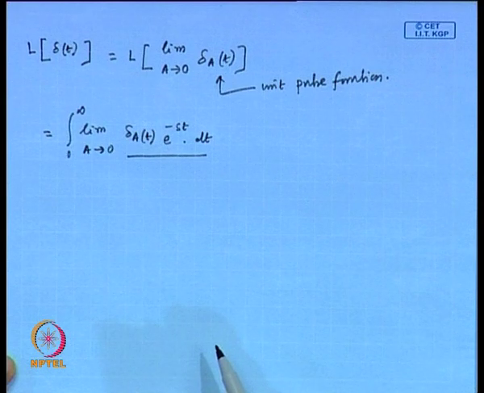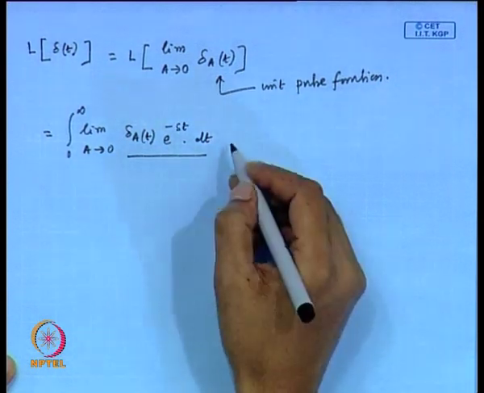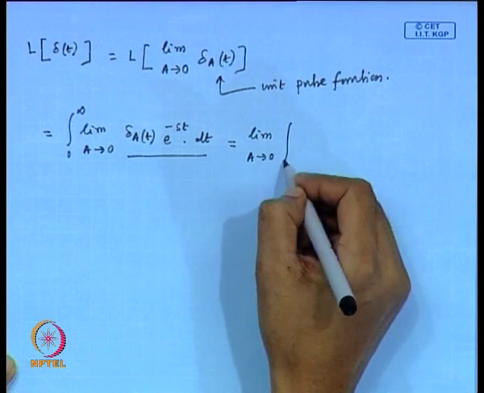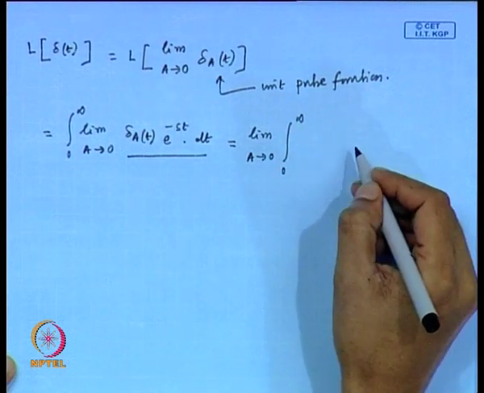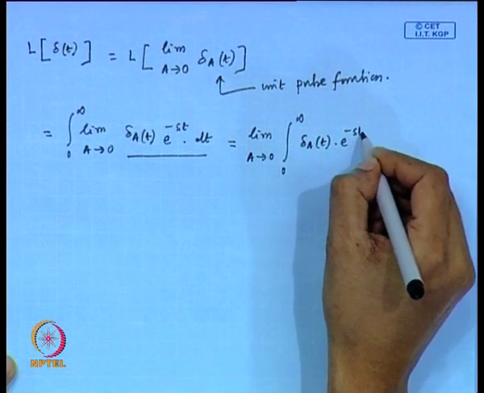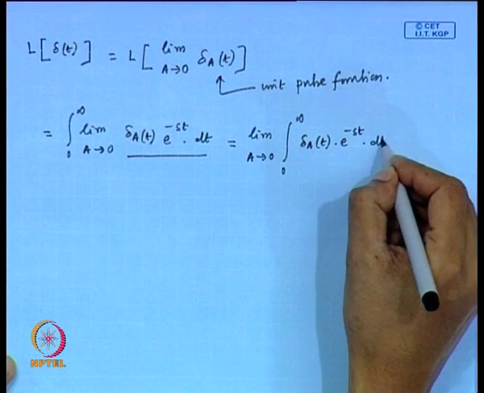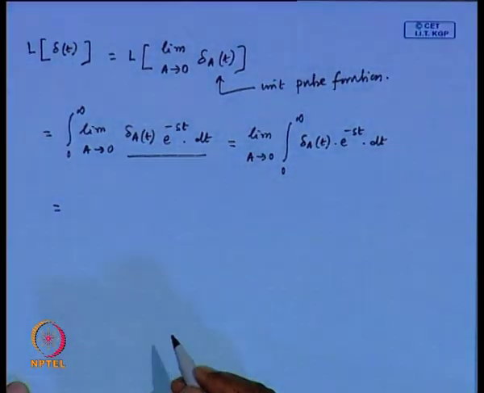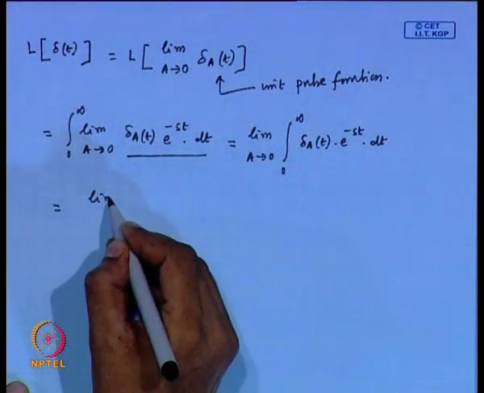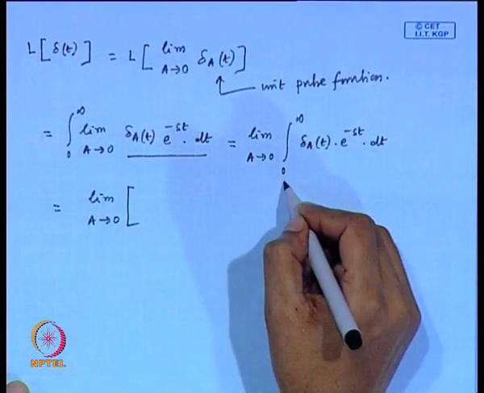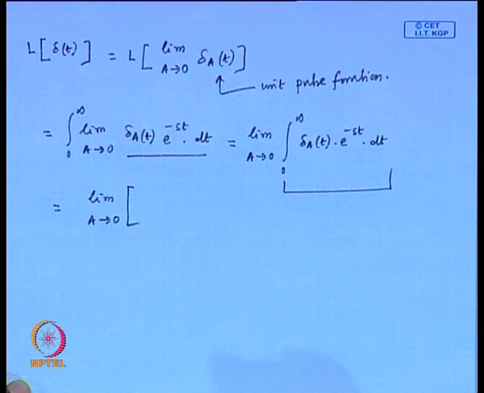We take out the limit a tends to 0 and the integral from 0 to infinity of del A(t) e to the power minus st dt. This equals the limit a tends to 0 of this part we have already calculated.